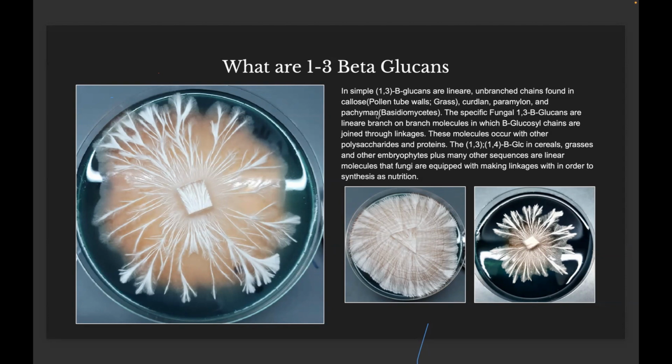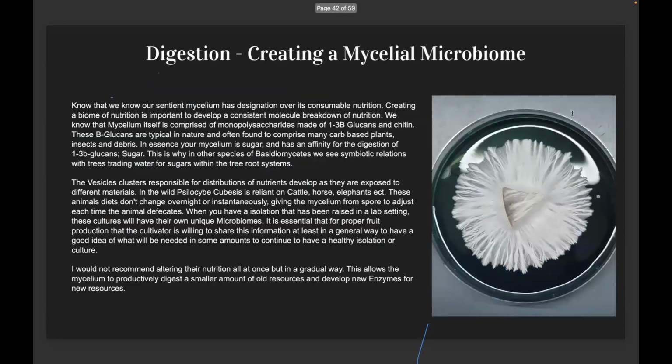So what basically all this means is that we need to create a mycelial microbiome because your mycelium is like a living stomach. Now that we know for a fact our mycelium is sentient, it has designation over its consumable nutrition, right? Those nutrient vesicles are delivering food throughout its body. We need to create a biome of nutrition, and it is important to develop a consistent molecule breakdown of nutrition.